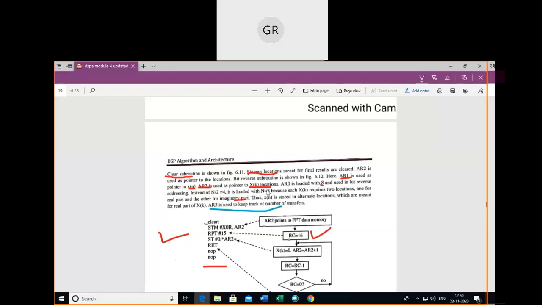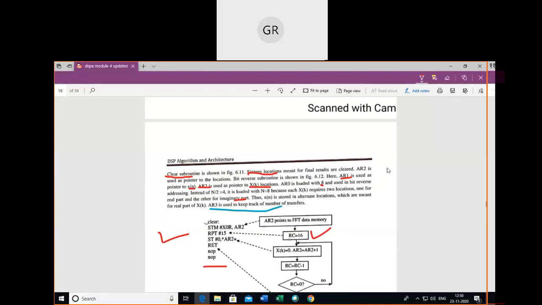That's why n equal to 8. Thus, x of n is stored in alternate locations which are meant for the real part of x of k. AR3 is used to keep track of the number of transfers.